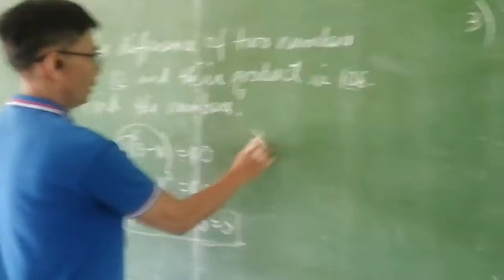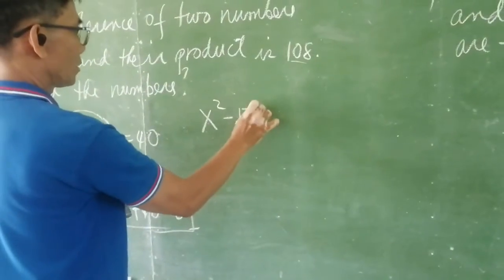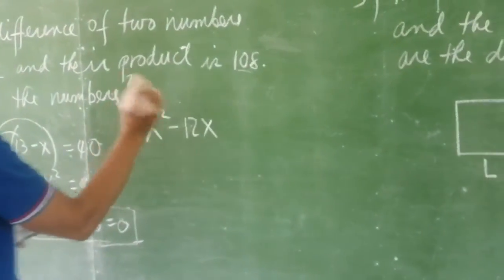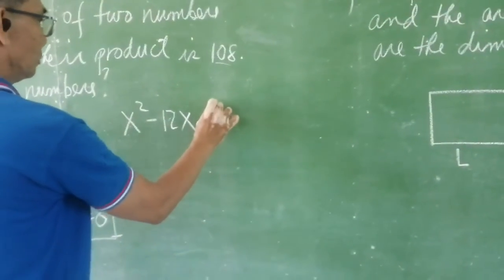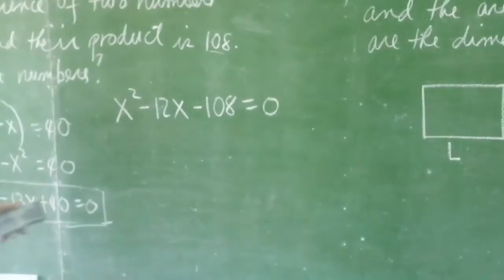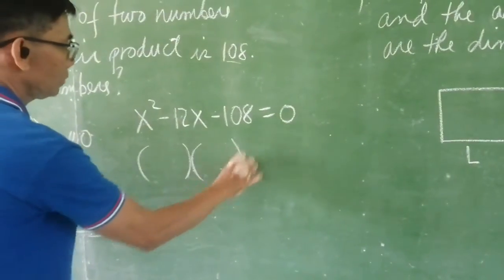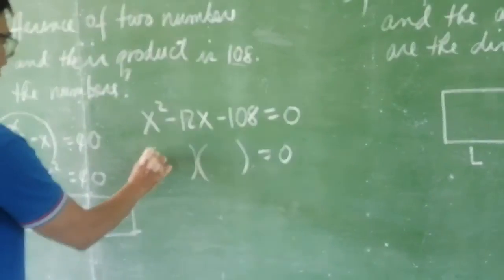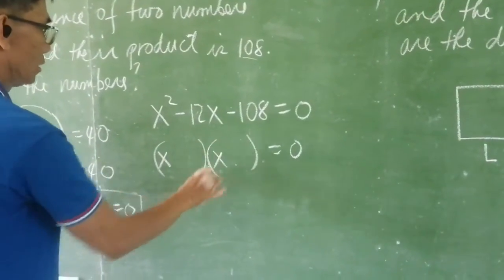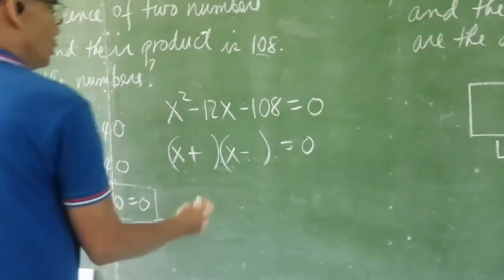So x squared, difference will be 12x, and the product is 108, and then equate that to 0. So you are going to factor that. So that will be x and x here. Take note that it will be plus, minus.